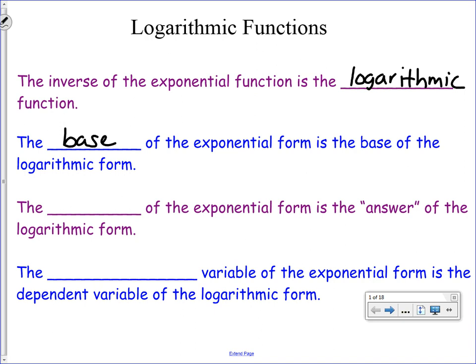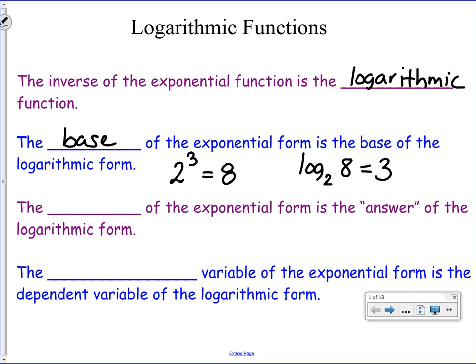So in exponential form, it might look something like this: 2 to the third power equals 8. In logarithmic form, it would look like this: log base 2 of 8 equals 3. So the base is still the base, no matter which form.